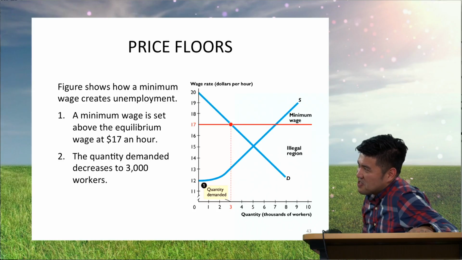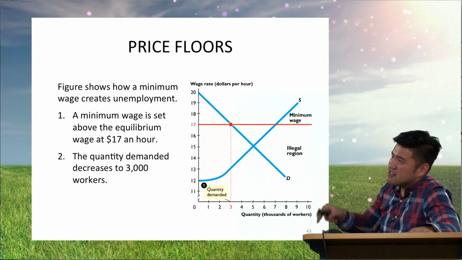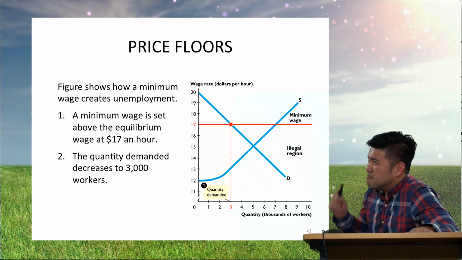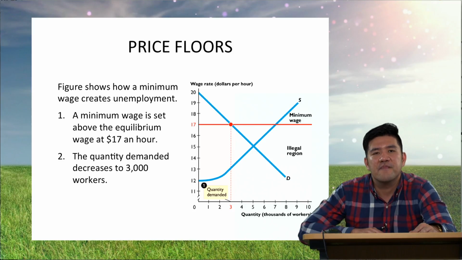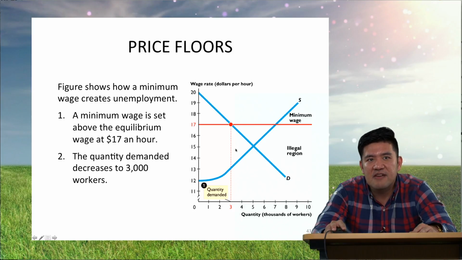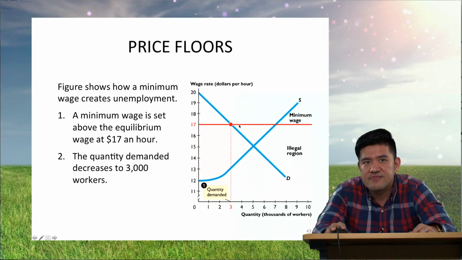The government is trying to help the employees get higher wages. So the government comes to the market and says, the minimum wage should be $17.